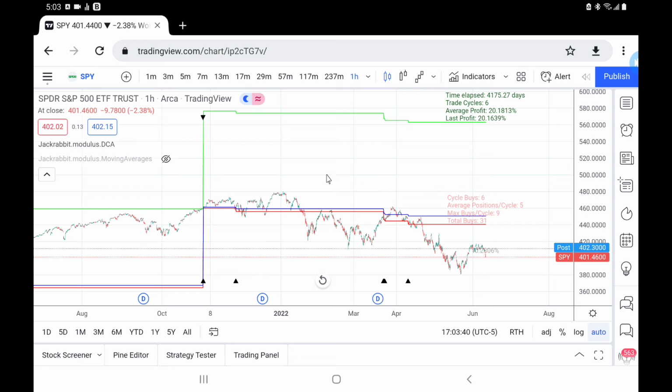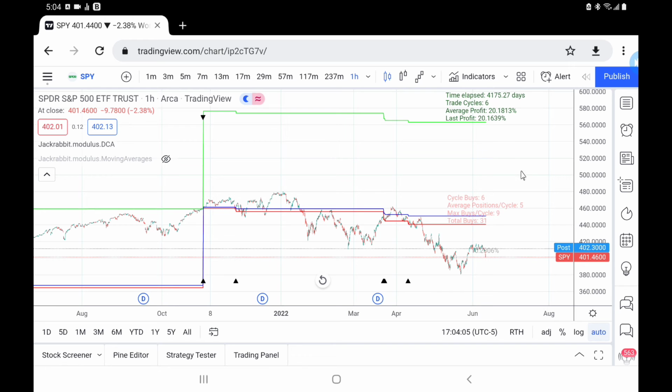For example, this run, we've already made 4 strategic purchases, and each purchase is lower than the last. My average is lower. So my average profit, 20%. My last profit, 20%. So 6 trade cycles.